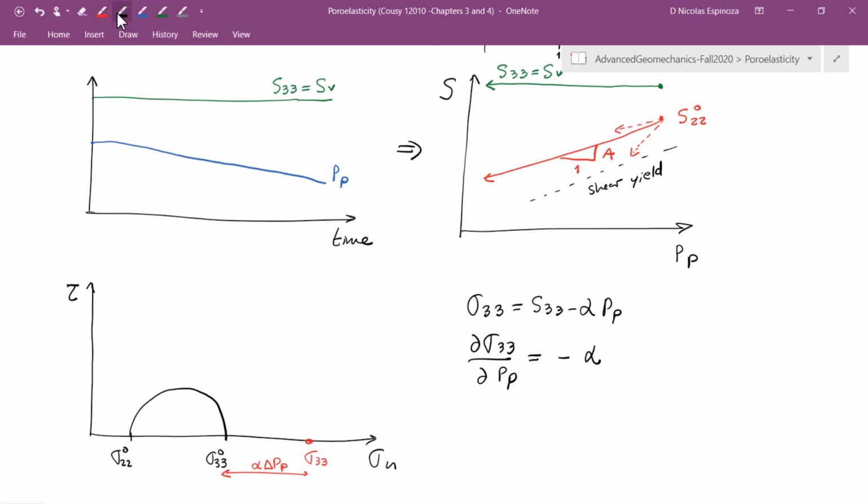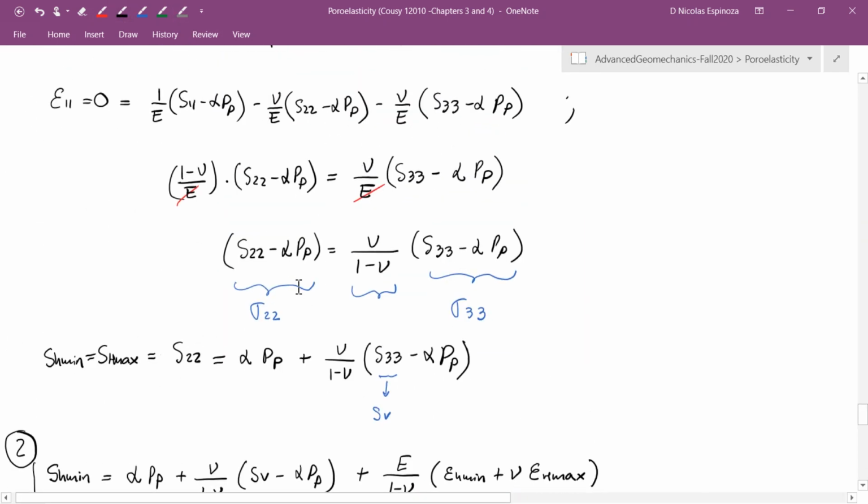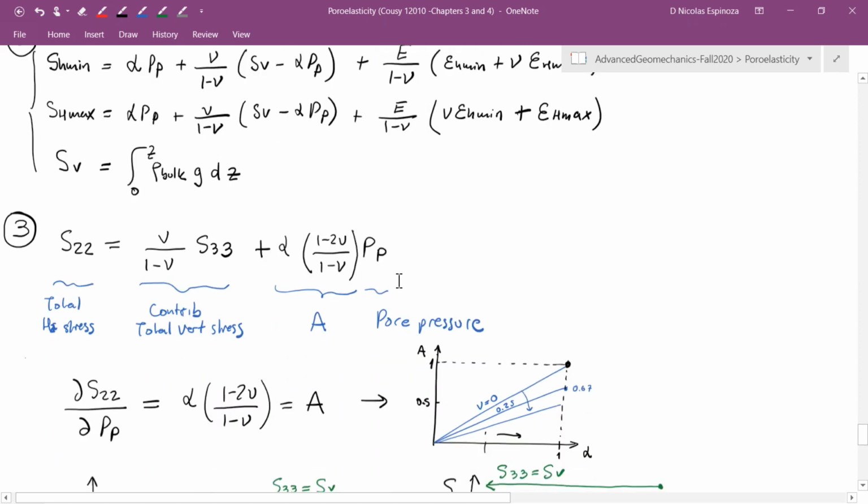For the effective horizontal stress, now I have to use this equation that I have over here, and when I take the derivative of sigma 22 with a change of the pore pressure, the only thing that is going to survive out of here is going to be alpha times Poisson ratio divided by 1 minus Poisson ratio.